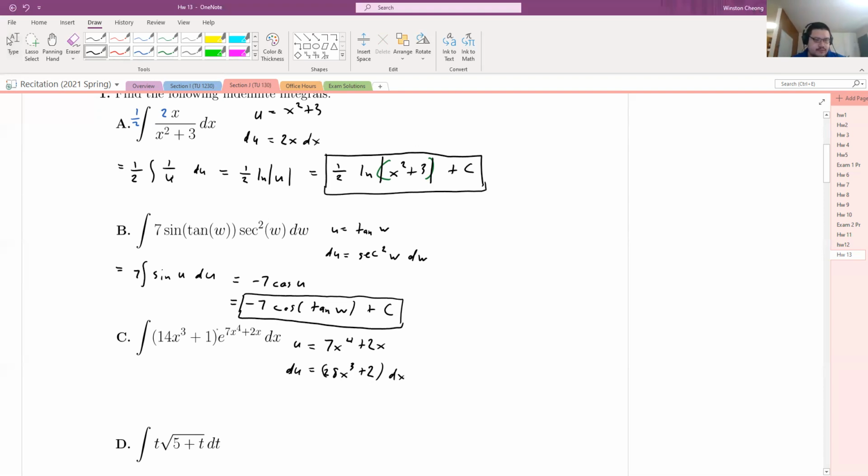So if we introduce a factor of 2 into the integral, then the du is going to absorb this in front, and then we'll just have e to the u inside the integral.